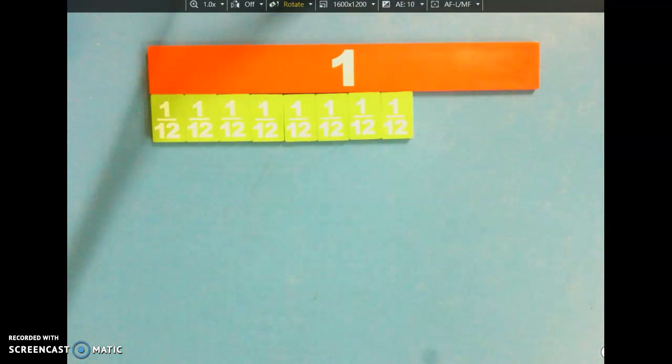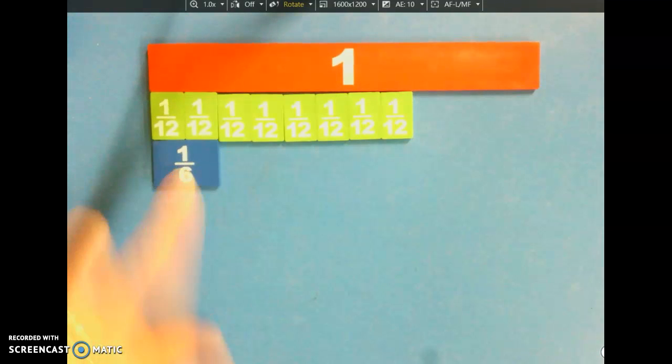So as you can see, I have placed 8 pieces of the 12th size underneath my one whole, and I've aligned them up. And I'm wondering how many sixths do you think would also line up under the 12ths? You might be looking at your fraction strip model. And so let's see if you're right.